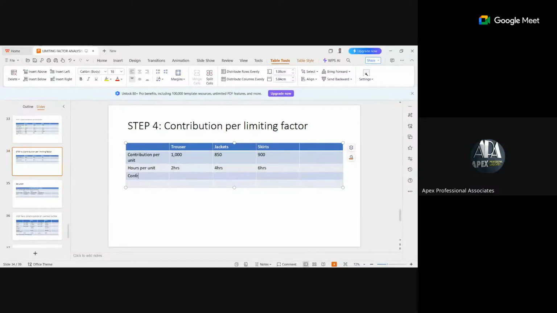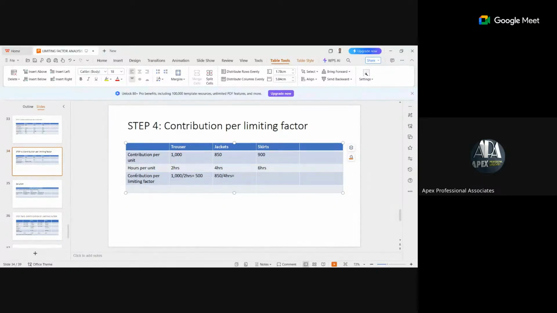So your contribution per limiting factor will now be what? For trouser, it will be 1,000 divided by 2 hours. The result will be 500. For jackets, 850 divided by 4 hours.